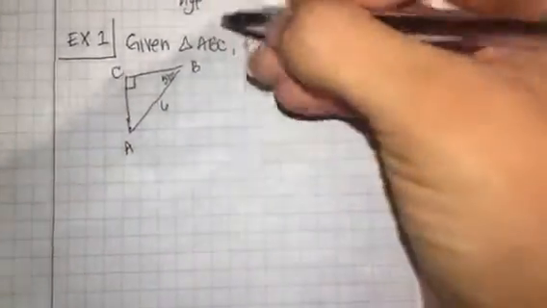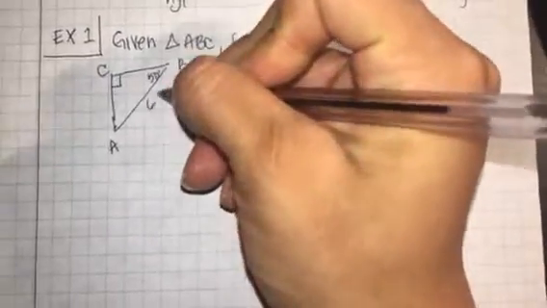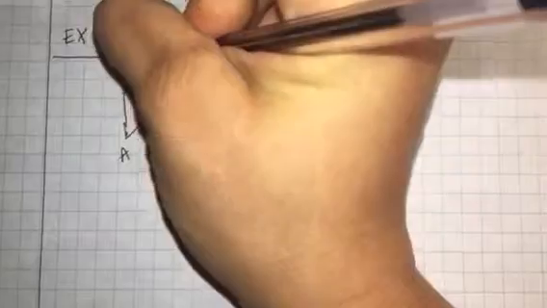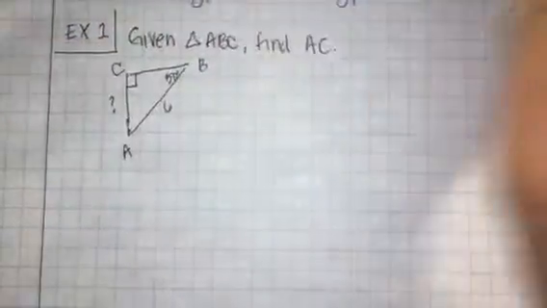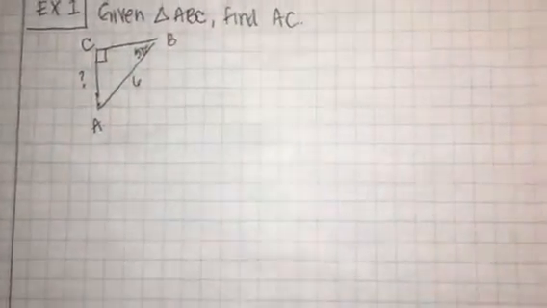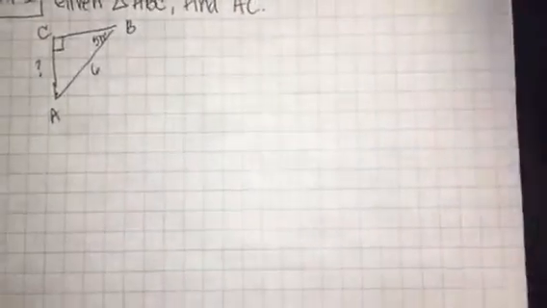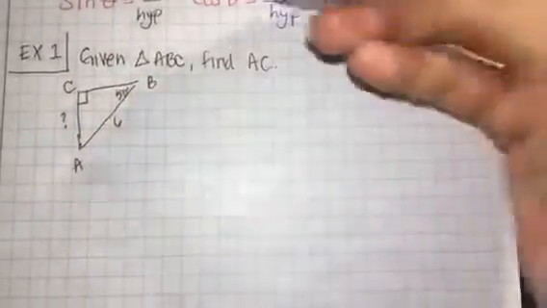So say that this is 6 right here, and I don't want to know what this side is, but I want to know what this side is. I'm trying to figure out what that is. So what you need to do, first of all, I'm going to write these steps down. Oh, excuse me, sloppy over here.